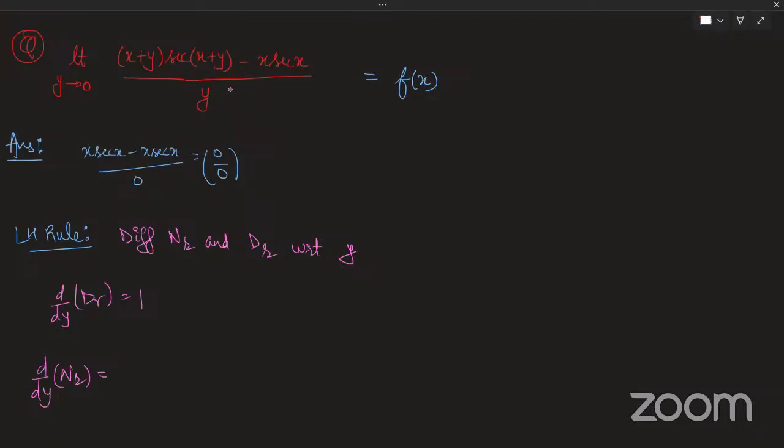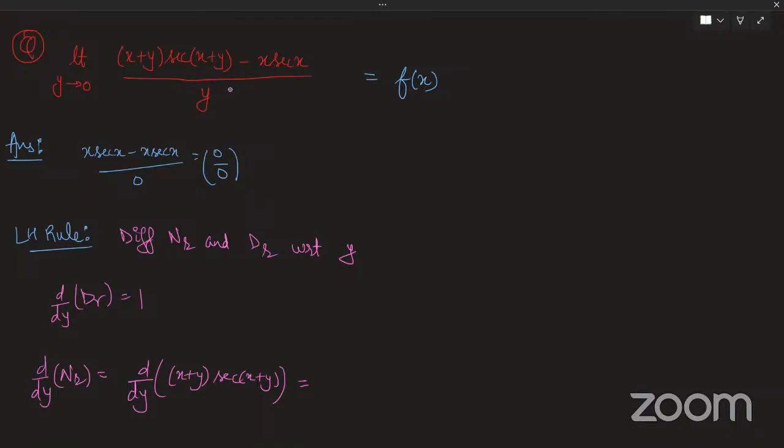See, you have got this thing, x plus y into secant of x plus y. So you need to differentiate x plus y into secant of x plus y with respect to y. So you will apply the product rule, right? Product of two functions. Yes, sir. So first, differentiate the first function.